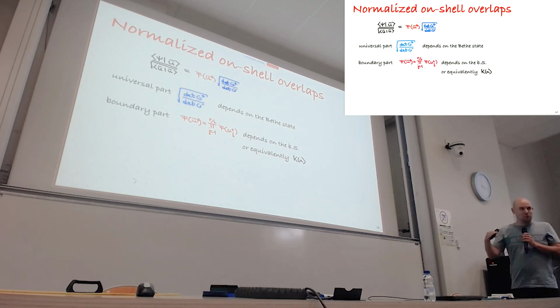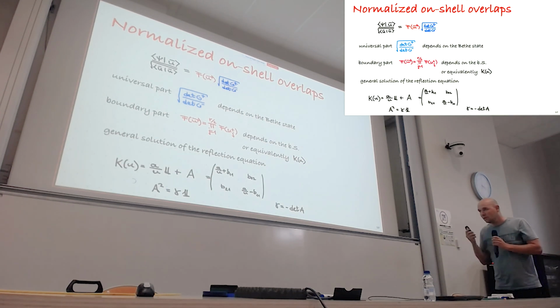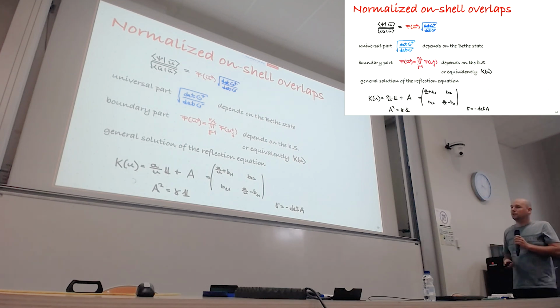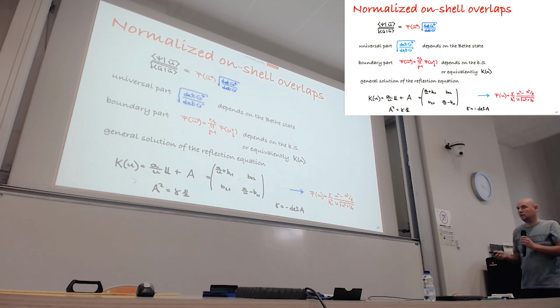So because we use only just the KT relation, this F is determined by components of the K matrix, and it's independent of the representation of the quantum space. For the GL2 reflection equation, the general solution of the boundary Yang-Baxter equation has this form, and so we can parameterize it this way. And for this parameterization, this one particle overlap function looks like this.